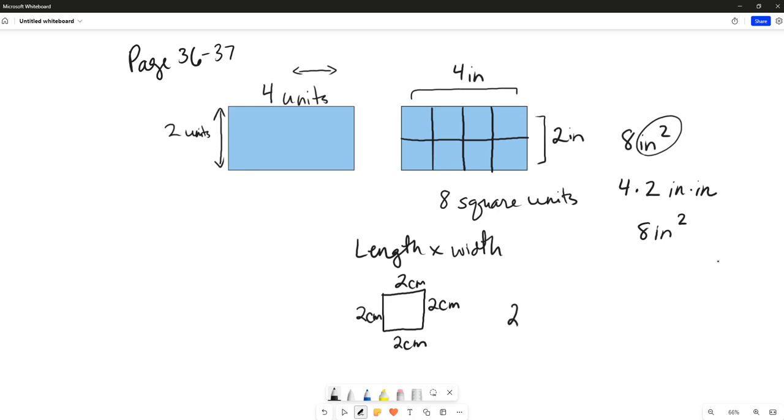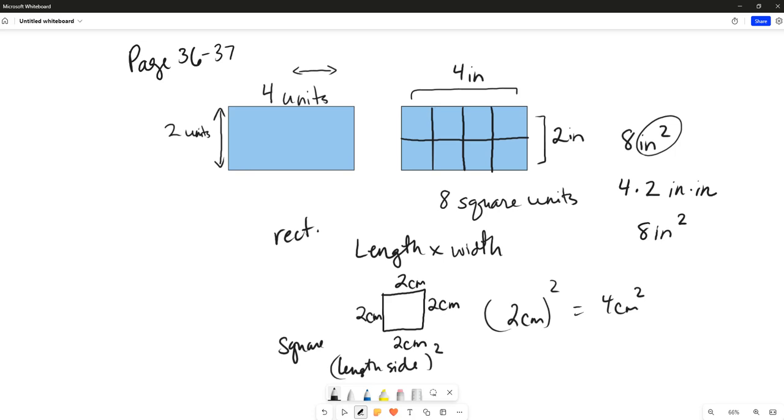So 2 centimeters, if we were to square that, would give us 4 centimeters squared. So for a rectangle, it's length times width. And for a square, the area of the square is the length of the side squared.